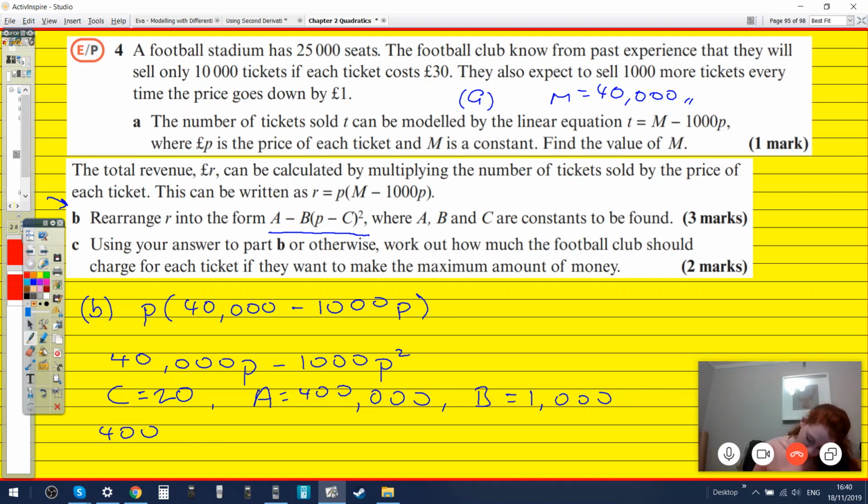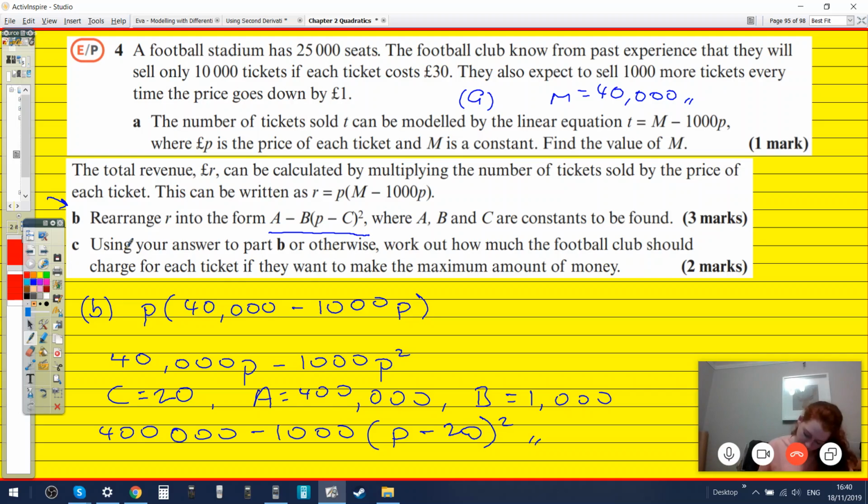And I suppose it wouldn't hurt to write it in the form. Minus 1,000. And that was P minus 20 squared. Yes, there we go. Great.